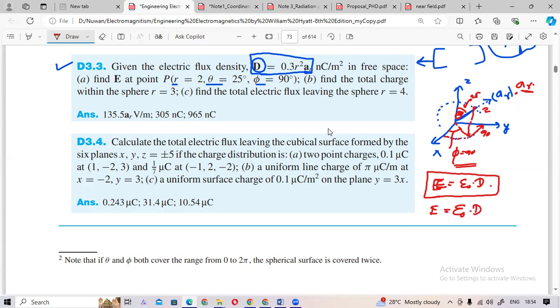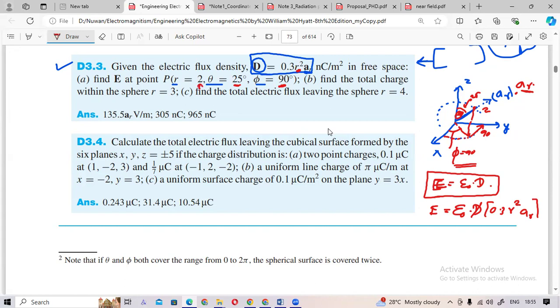D is nothing but 0.3 R squared AR. This is D. Here the coordinates 25 and 90 are not relevant, because this D is a function of R squared only.